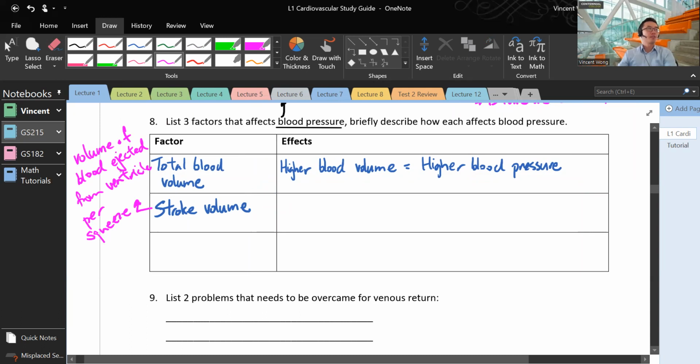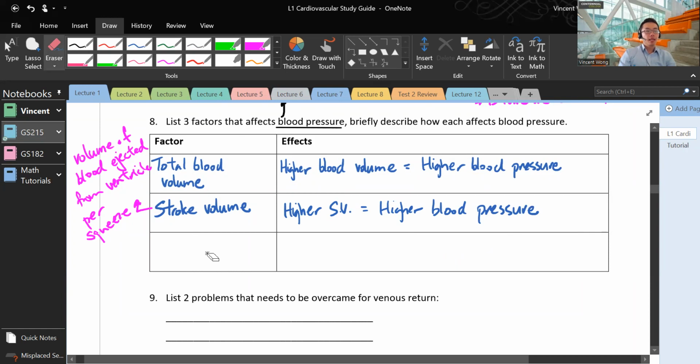Per contraction, if you want. Okay, so the harder you squeeze, the higher the blood pressure is going to be. So higher stroke volume equals higher blood pressure. Okay.